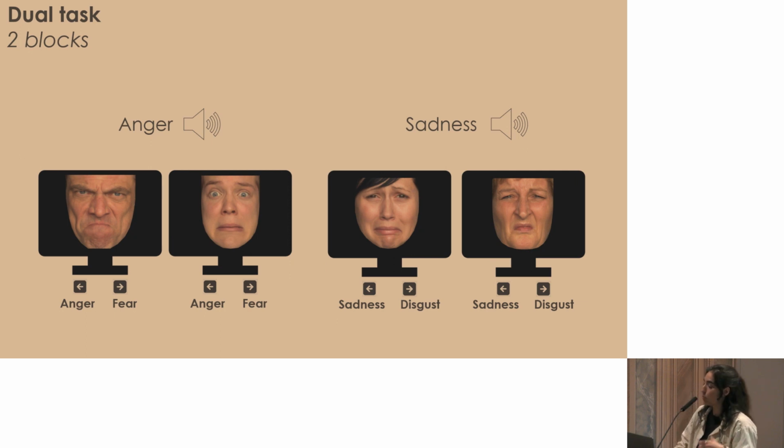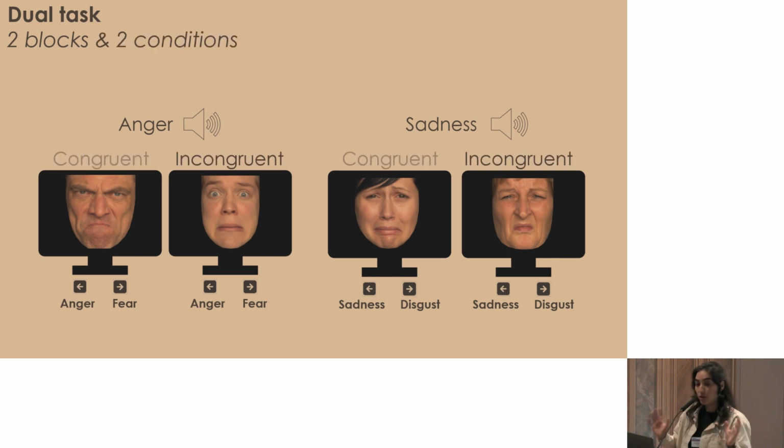The first one contrasted fear versus anger, the second one sadness versus disgust. All the sounds were presented twice, once in the congruent condition and once in the incongruent condition. Incongruent means that the facial expression didn't match the emotion conveyed in the audio stimuli. With this task, we never asked them to process the facial expression presented on the screen. This information was irrelevant, and we asked them to do 2 demanding tasks.